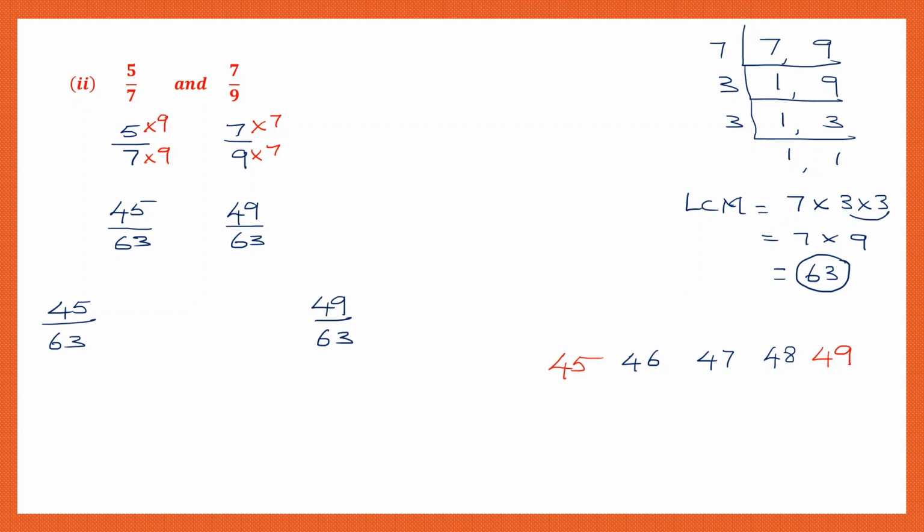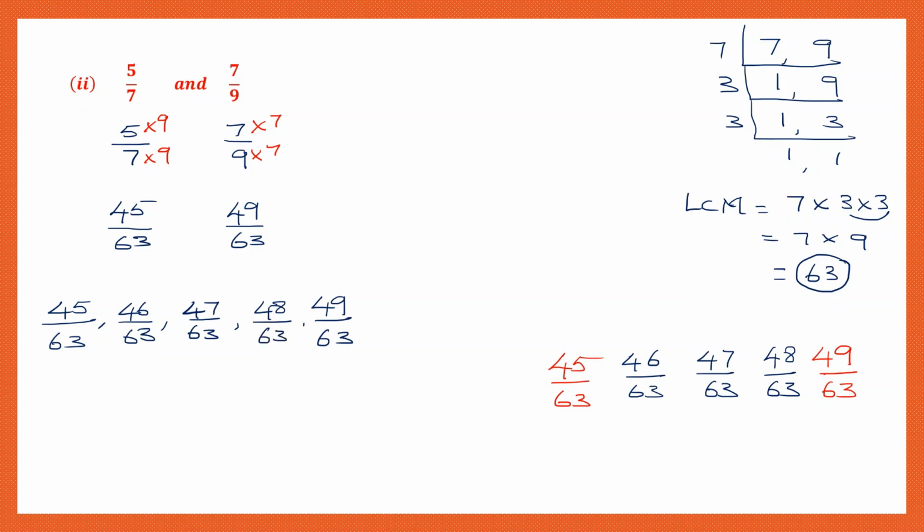Now if we give it the denominators that's given to us, this is 45 by 63, 46 by 63, 47 by 63, 48 by 63 and 49 by 63. It's what's there in the question. So let's insert these. So this will be 46 by 63, 47 by 63 and 48 by 63. So we have three rational numbers inserted here.